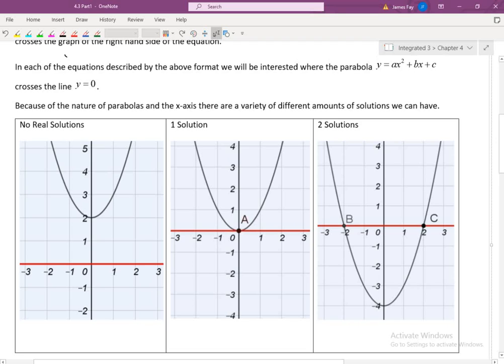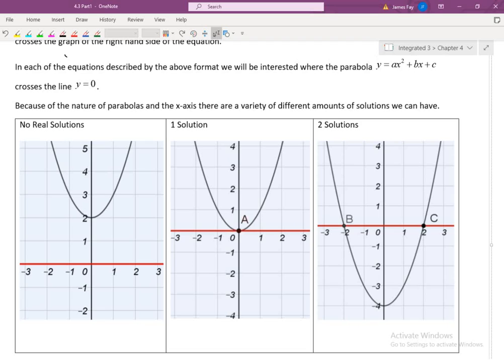We can have one solution, and that's where your vertex is actually on the x-axis. When we have that one solution, in the work that we do in the next several days, that solution will actually show up twice.